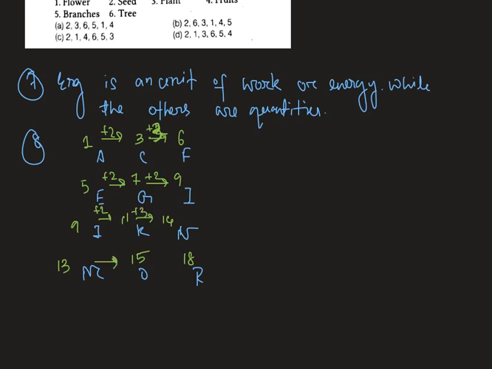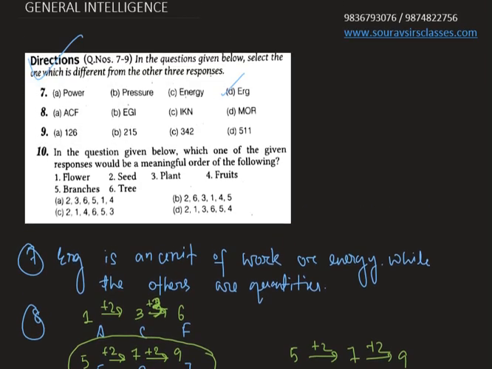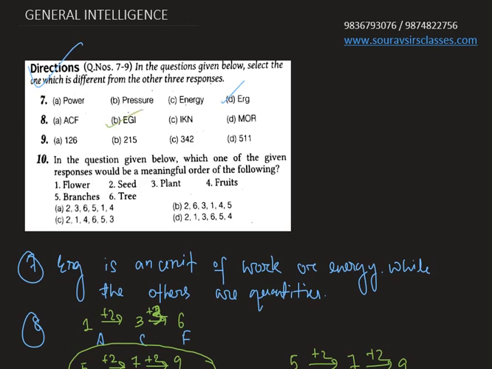Similarly, for MOR, if we add 2 with 13, we get 15, and 3 with 15, we get 18. So the only wrong pattern, or the different one, is EGI, as here we add 2 to each of the numbers to get the next one, while in the other clusters we add 2 with the first one and 3 with the second one to get the corresponding next numbers. So the correct answer is EGI.